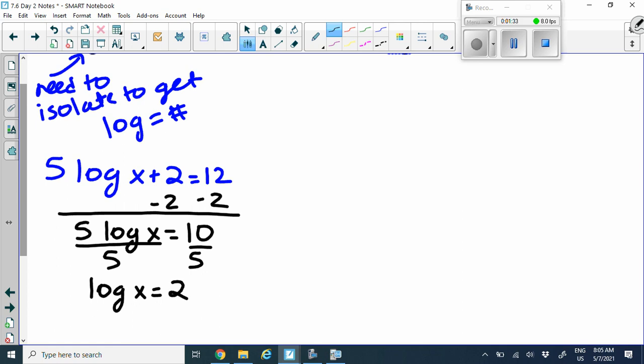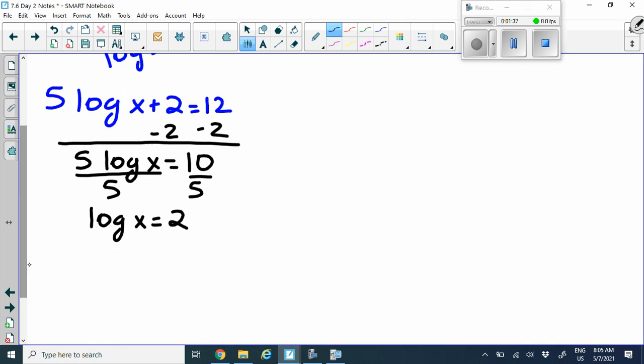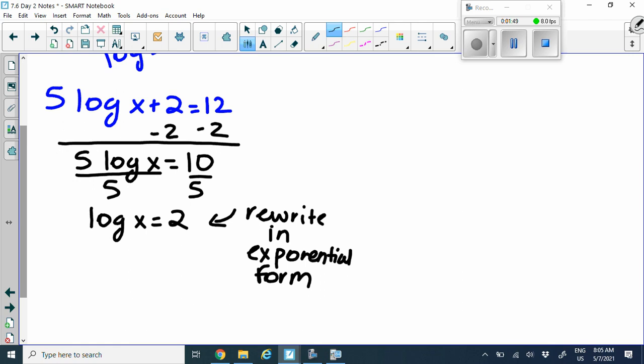Now that I have a log equals a number, I can go ahead and rewrite in exponential form. Okay? Now, if you notice, you might not see a base on this log. Well, remember, when you don't see a base, that is our common log, and so it's assumed that the base is 10.